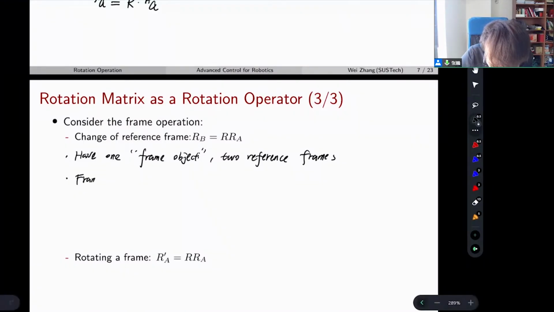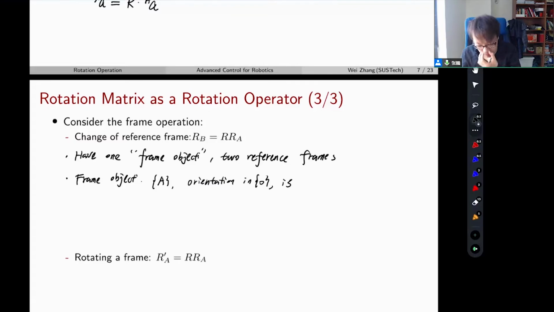Suppose the frame object that we want to represent is called A. Let's say I have a frame orientation in O. If we have a more explicit notation, it will be R A in O. By definition, that will be the x-axis of A, y-axis of A, and the z-axis of A, all in coordinates with respect to the O frame.